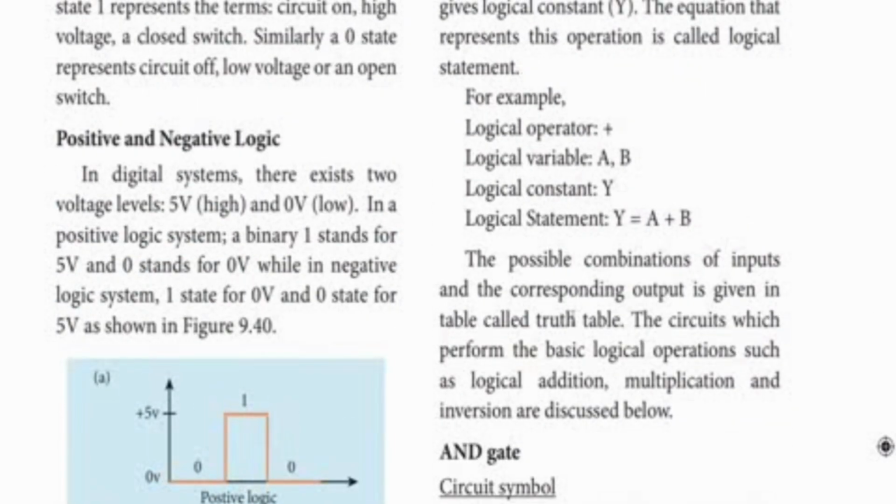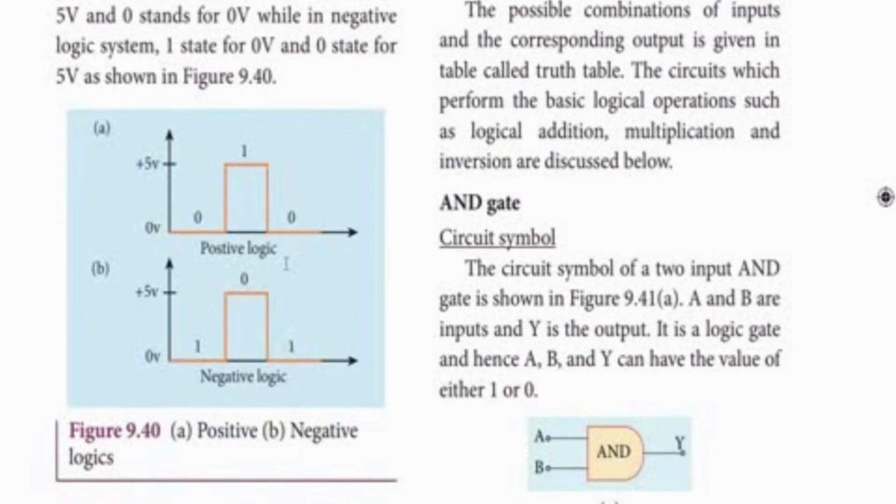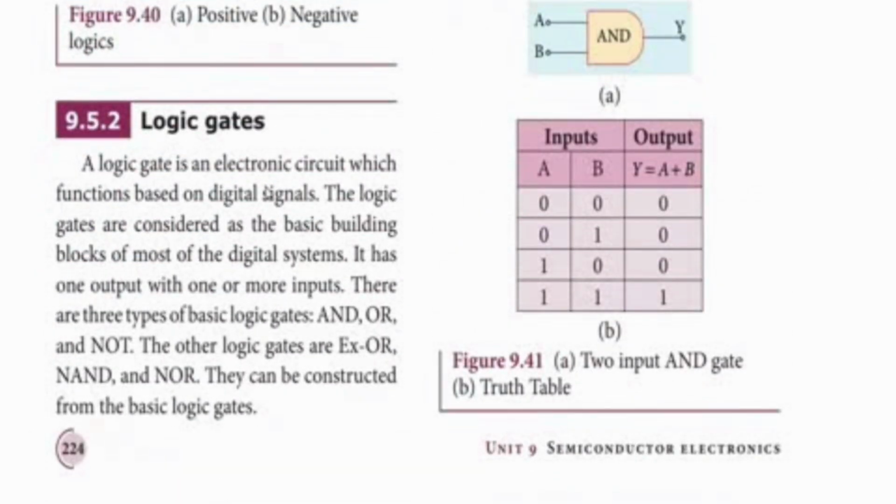So positive, negative logic means plus 5 is here. See, plus 5 means it is 1 and this is 0. For negative logic, it is again 0 and 1, where this one is 0 and this one is positive. So 0 and 1, only these two values: 0 or 1, high or low, on or off, like that. So logic gates.